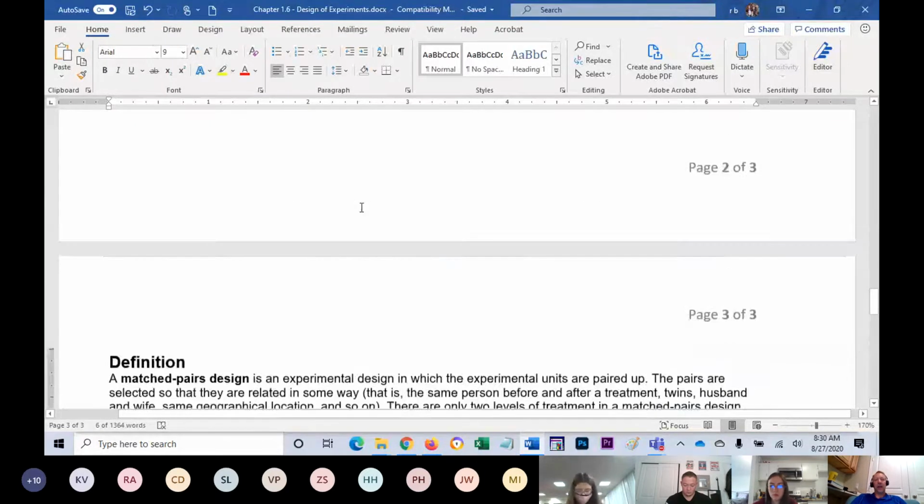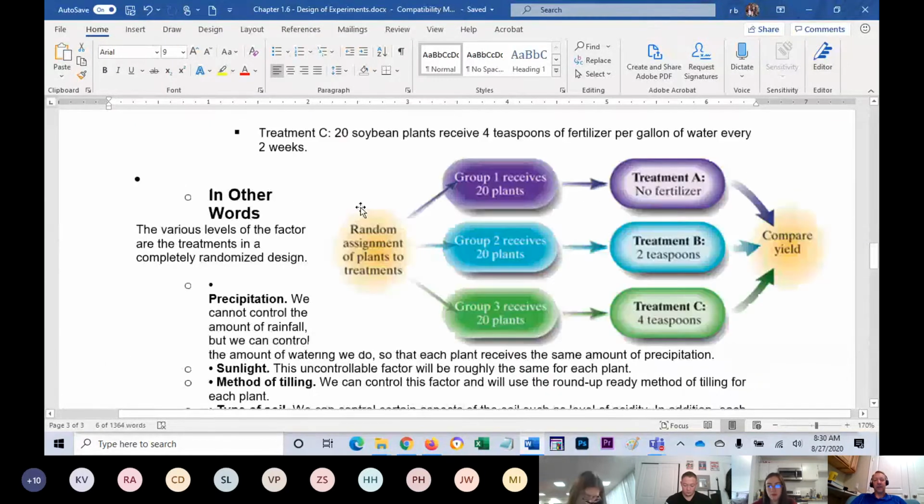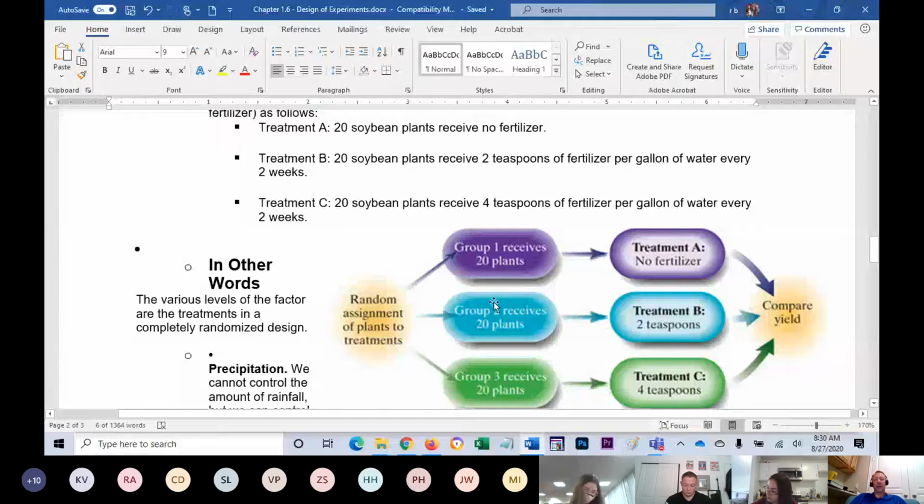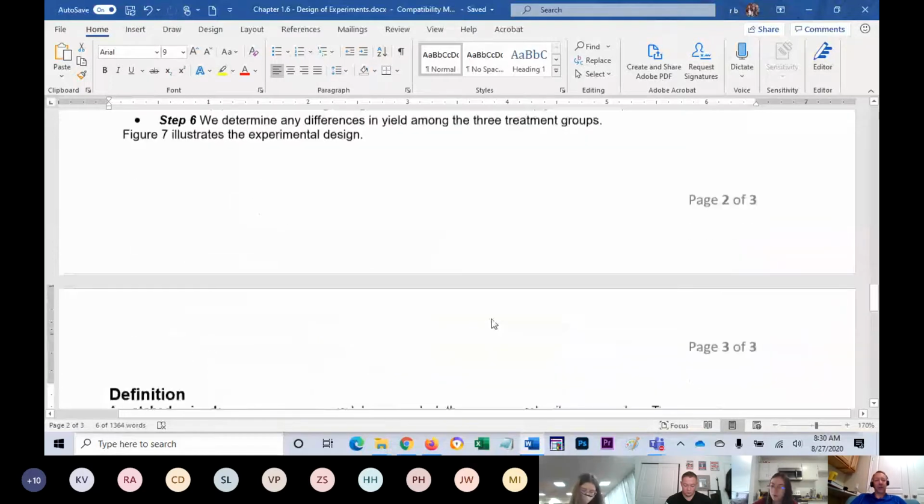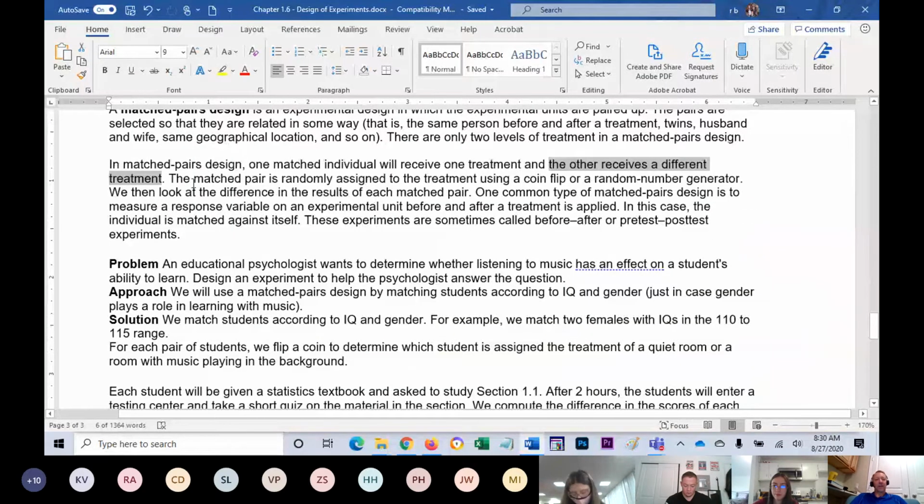So unlike here where we had 3 different treatments, with a matched pair, we're only going to have 2 different treatments. The matched pair is randomly assigned to a treatment group using a coin flip or a random number generator. We're then going to look at the difference in the results of each matched pair.